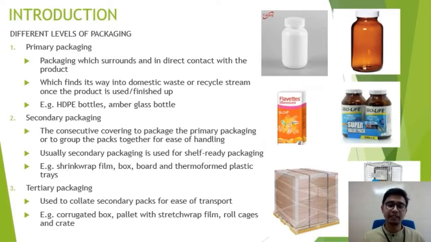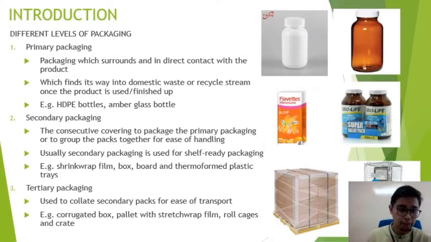Usually, secondary packaging is used for shelf-ready packaging. As you can see here, the flavored effervescent glow is a shelf-ready packaging. So when the pharmacy or the outlet receives the product, it can be put directly onto the shelf. And then the examples of the secondary packaging, like I said before, are the shrink wrap film, board, and thermoformed plastic trays.